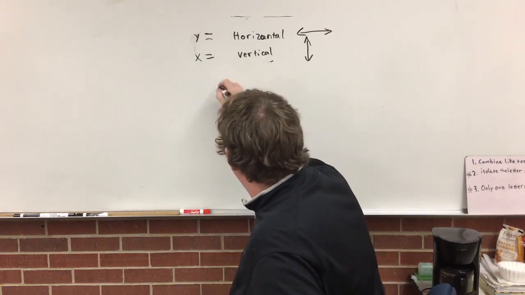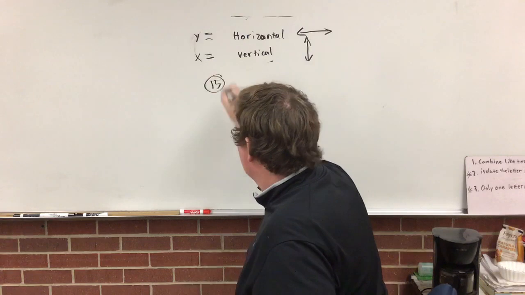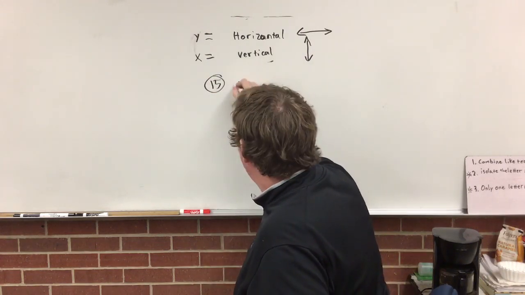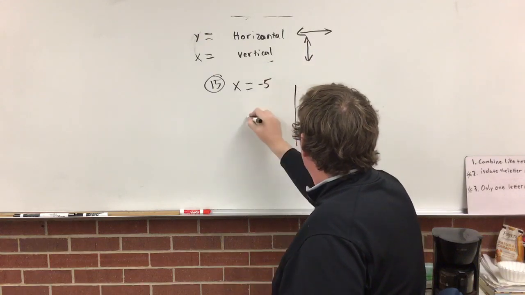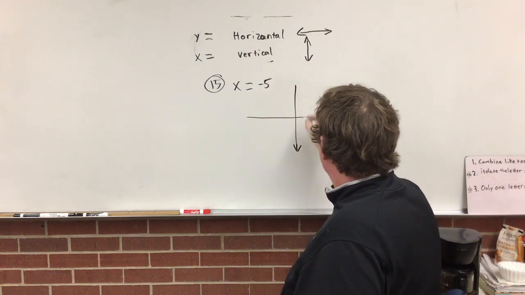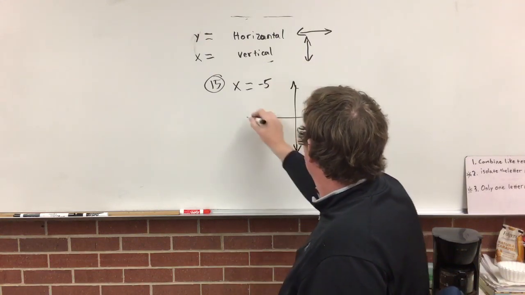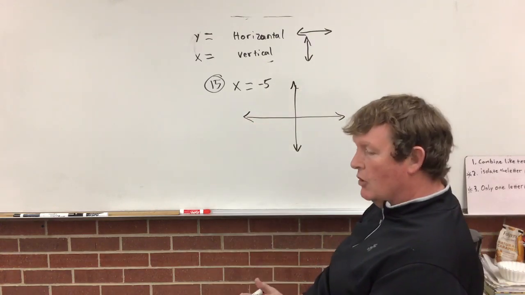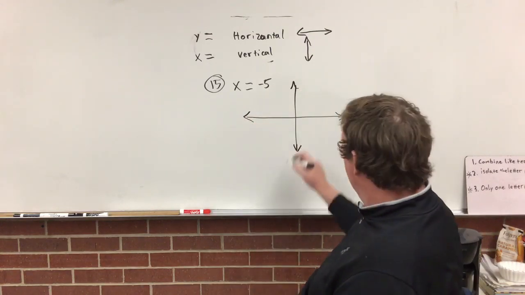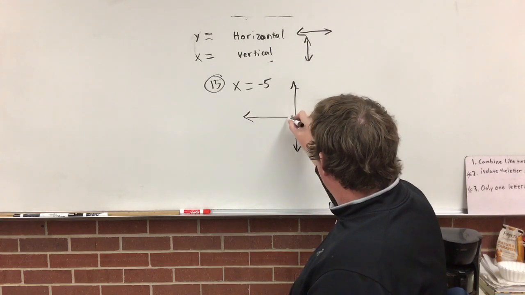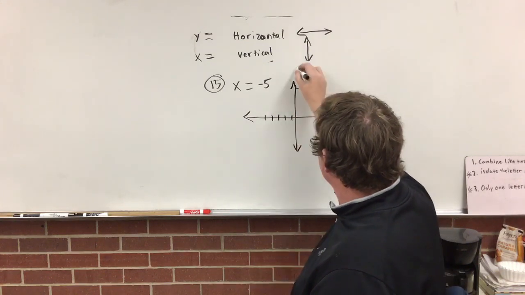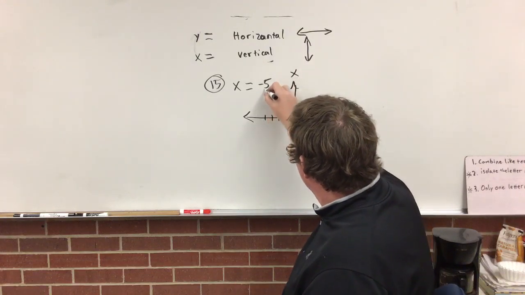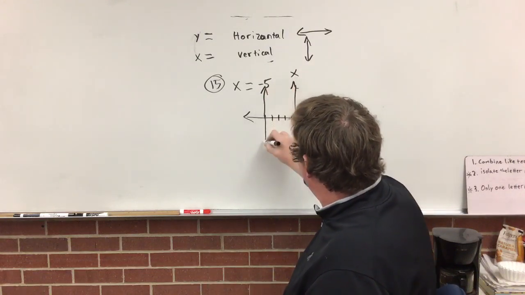Let's look at 15. Today's problem 15 says X equals -5. All you got to do is draw a grid. Doesn't have to be big. And then you go to where -5 is. 1, 2, 3, 4, 5 on the x-axis. And then draw a line up and down on it.